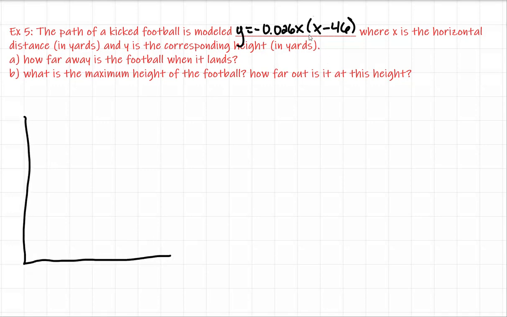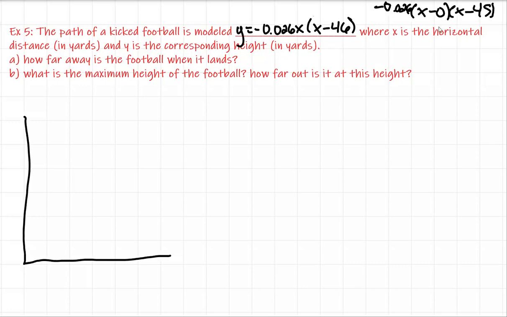All right, notice how this is an intercept form. Now, it doesn't really show it, but since that x is there just by itself, that x is technically x minus 0. And then we have that x minus 46. And then to the left of it is our a, negative 0.026.